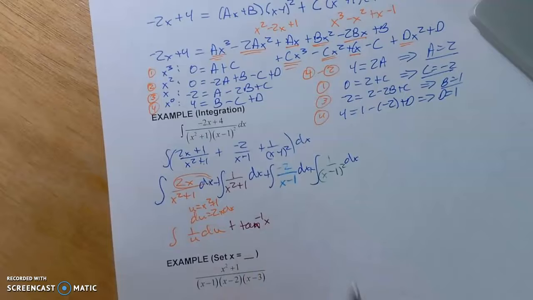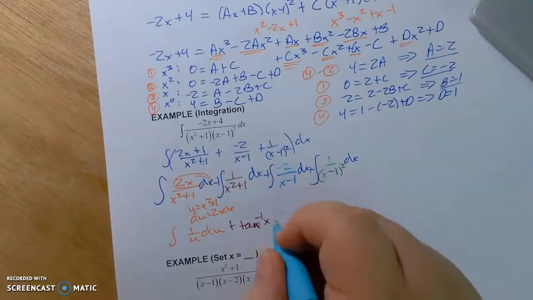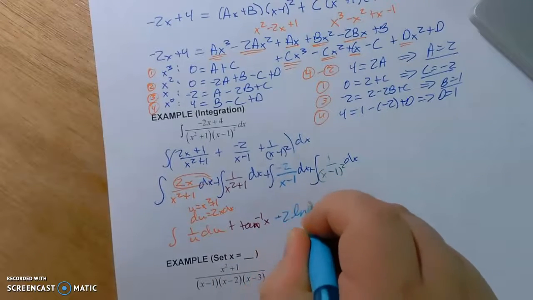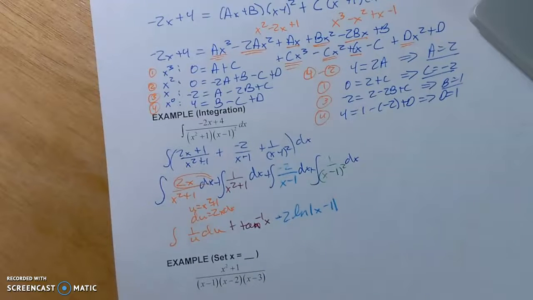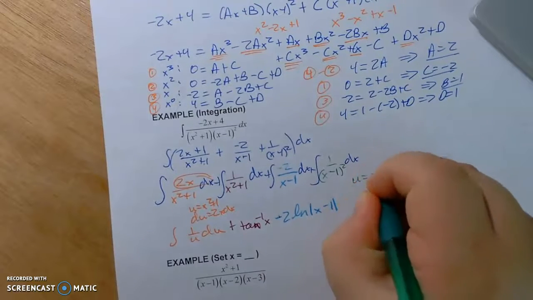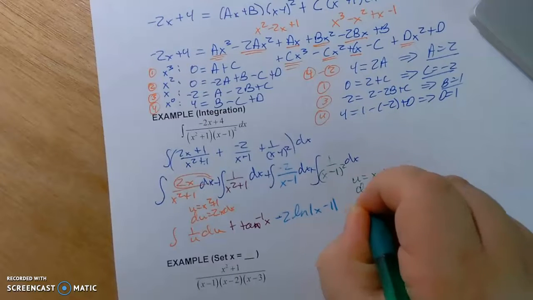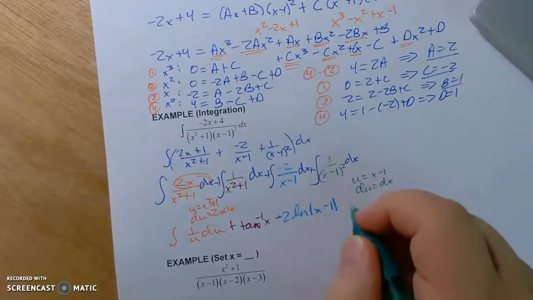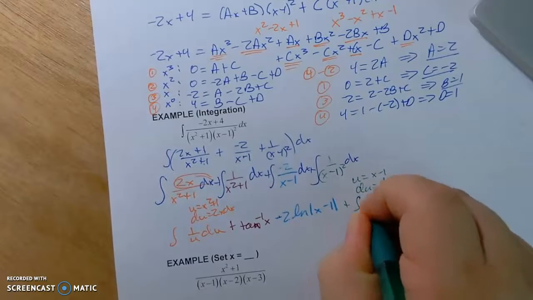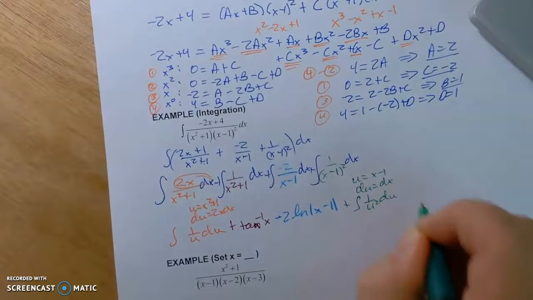This next one is natural log, so we get minus 2 natural log of the absolute value of x minus 1. And the next one has a u substitution. u equals x minus 1, du equals dx, so that's an easy substitution. That becomes the integral of 1 over u squared du.